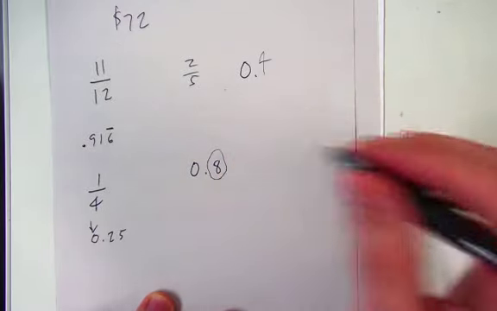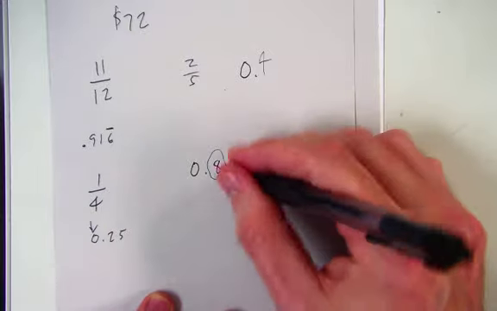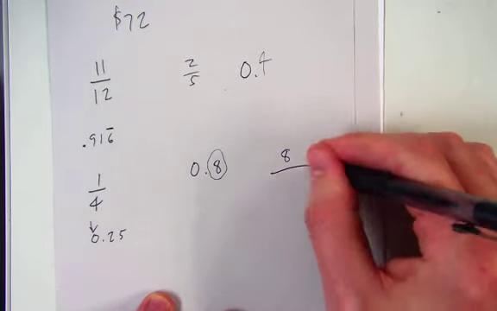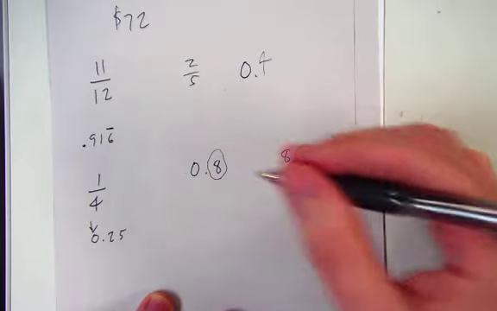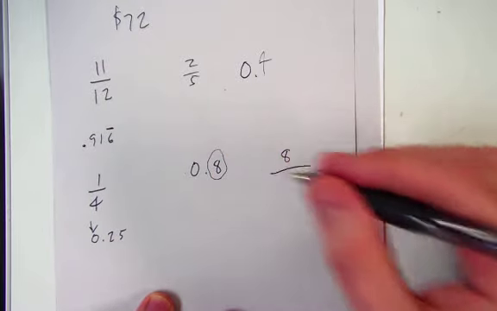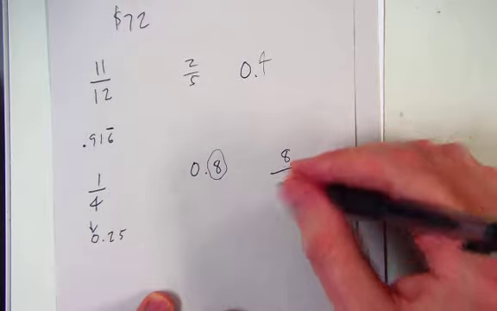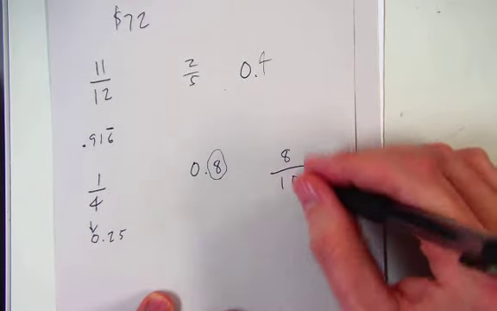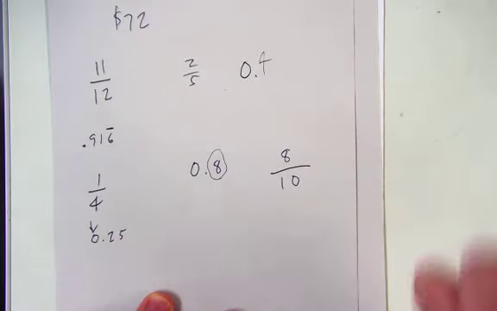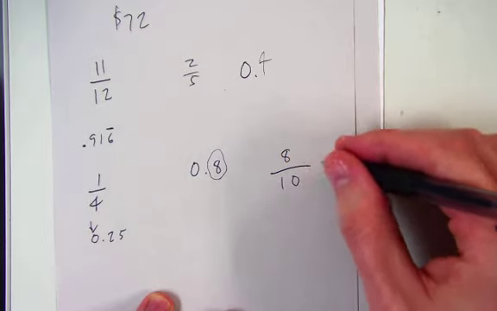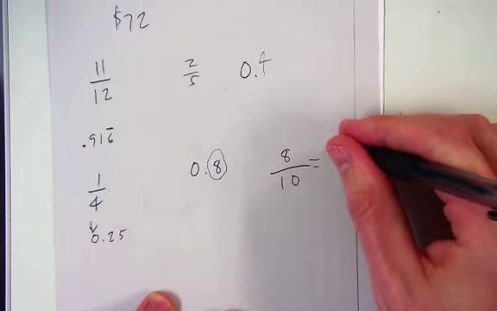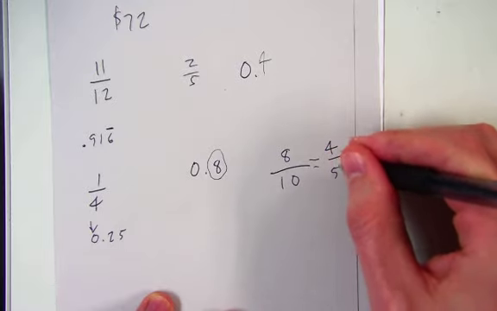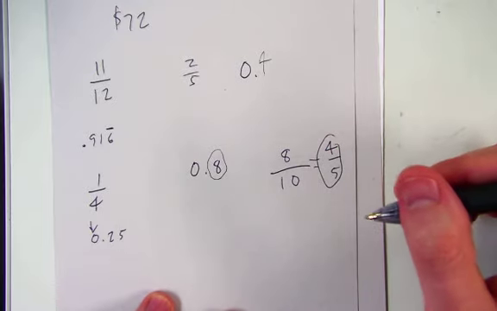So I'm just going to drop the decimal point off, take my number, and put it in my numerator, and then I'm going to put the denominator that's equal to the place value that this last digit is in. So it's in the 10th spot, so this is going to be 8 over 10, and then I need to reduce to lowest terms. So 8 divided by 10, both divisible by 2, so 8 divided by 2 is 4, 10 divided by 2 is 5, so 4/5 is going to be my answer here.